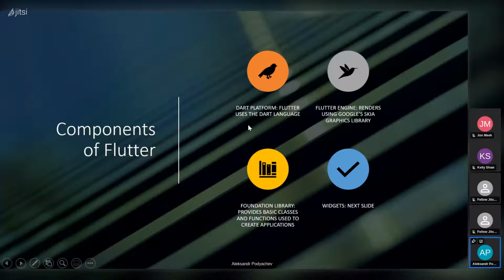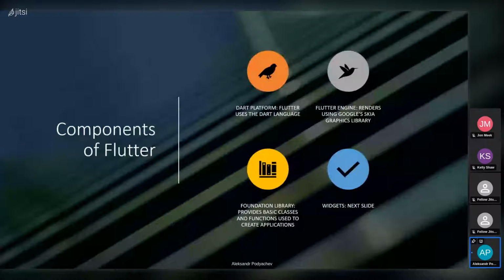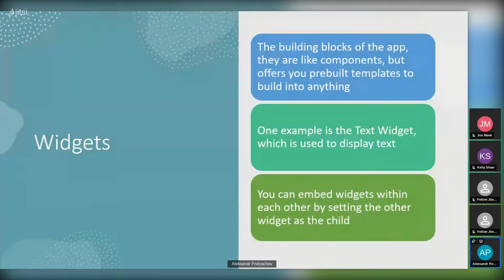Flutter engine: it uses Google's Skia graphics library to run all the widgets. They have a foundation library which provides the basic classes and functions used to create applications. And we have widgets, which I'm gonna cover in the next slide. So let's go there.